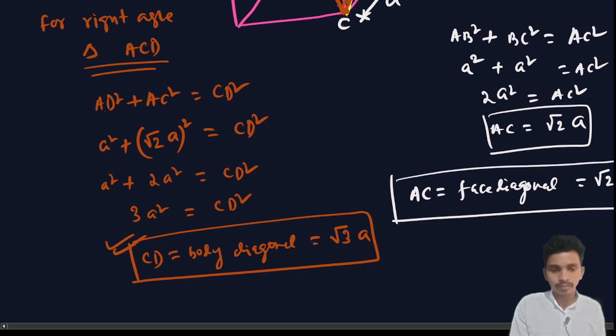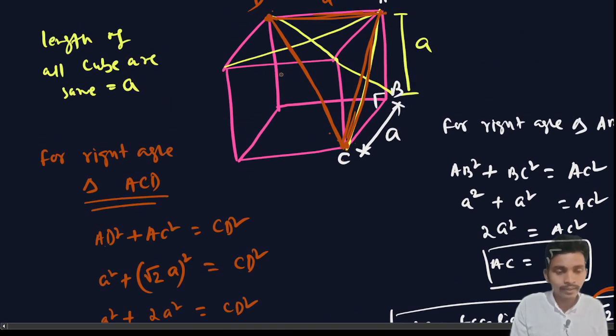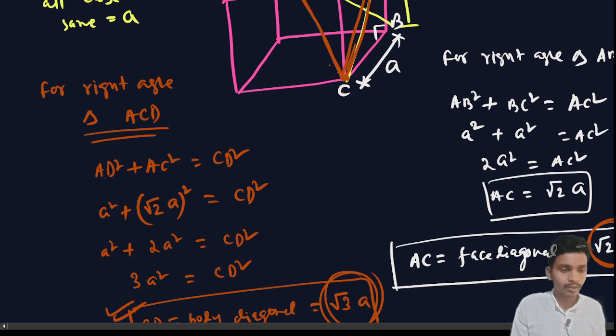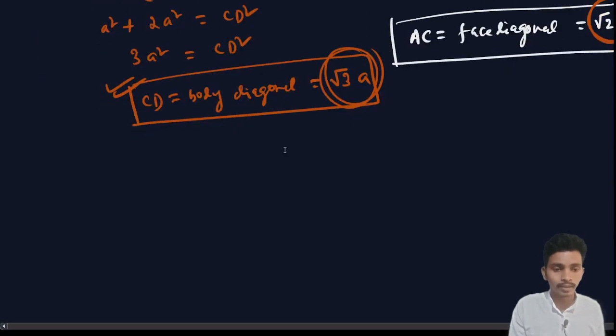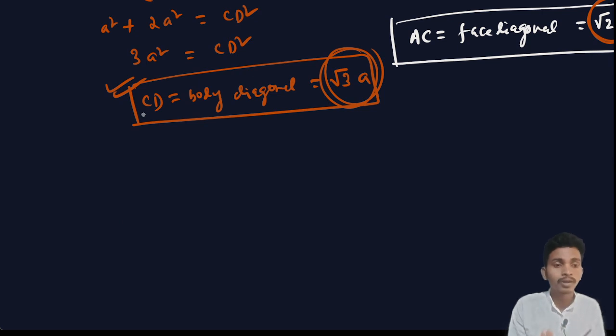So from here we understand that the base diagonal is root 2a, and the body diagonal is root 3a, where the length of the cube is a. We have to always remember or memorize this, or we can calculate it, but it is better to memorize because you will use it again and again, and it is very easy to memorize.